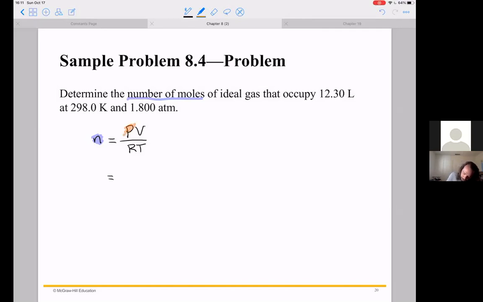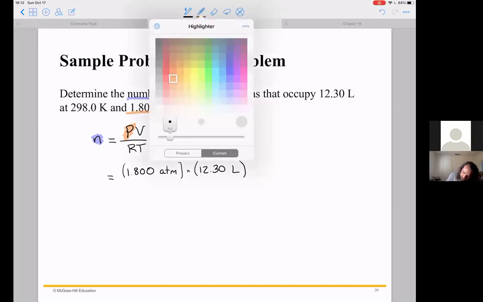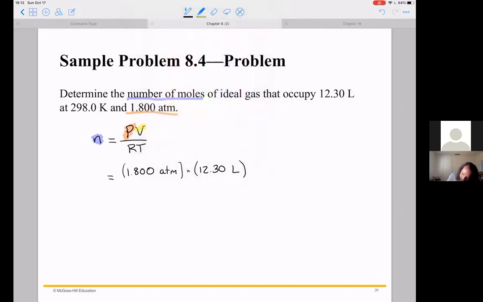All right, so I'm going to start plugging in pressure 1.800 atm times the volume, which is 12.30 liters, right? That's my volume.